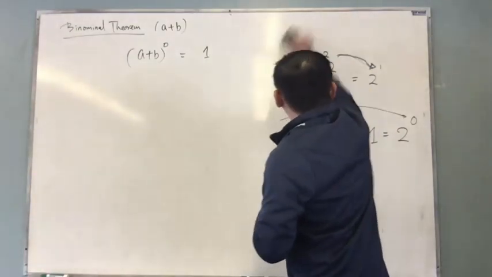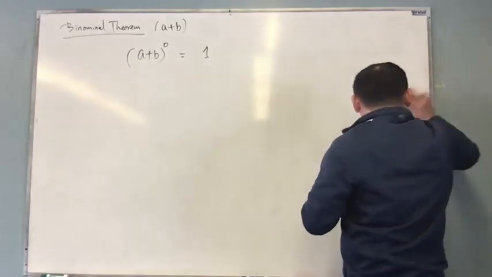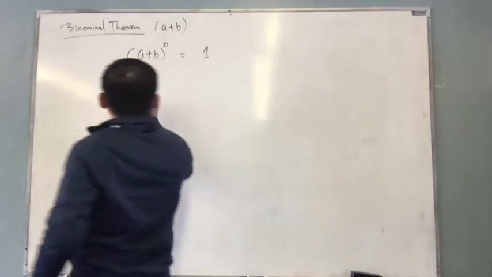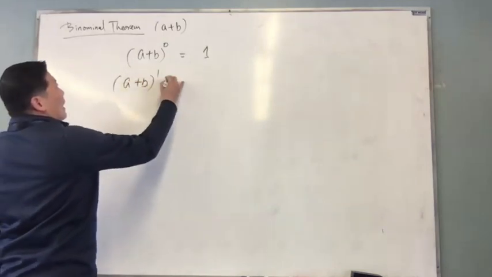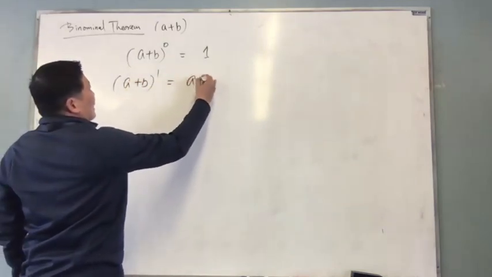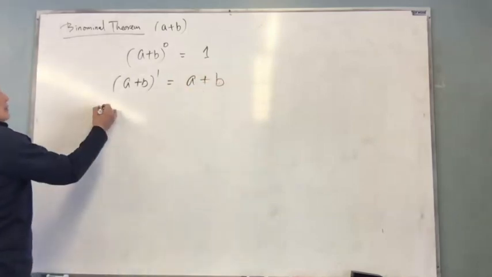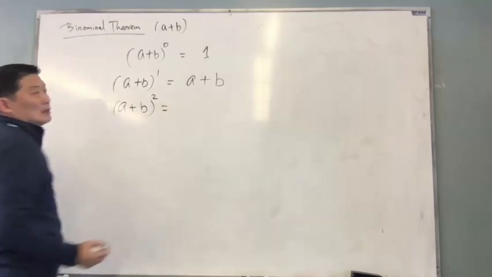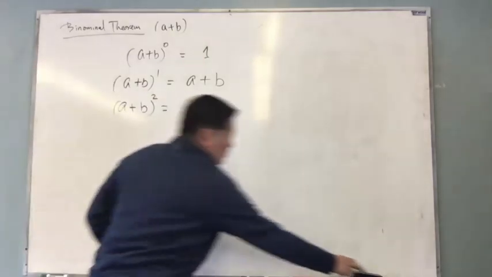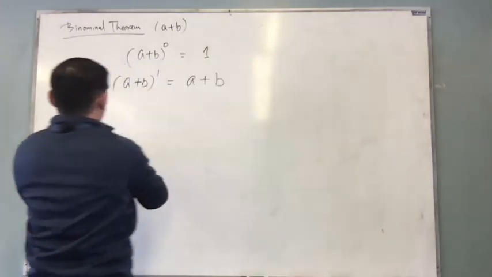We move on. Now, obviously, if we have a plus b to the 1 power, we got a plus b. Not a problem. We have a plus b squared. Let me give myself a little bit of space.